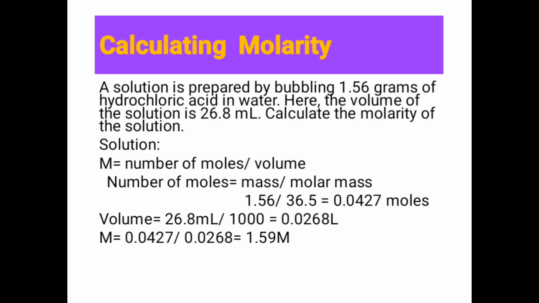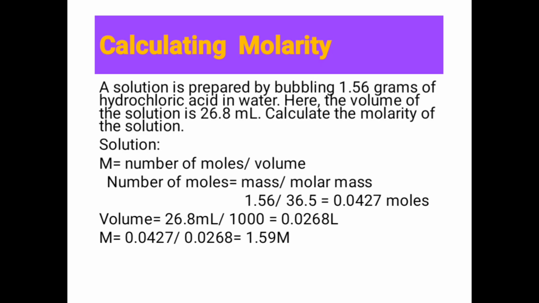H is 1, Cl is 35.5. So the molar mass is 1 plus 35.5, that's 36.5. The mass given is 1.56, so that's 1.56 over 36.5. It will give you 0.0427 moles. That's the first step.